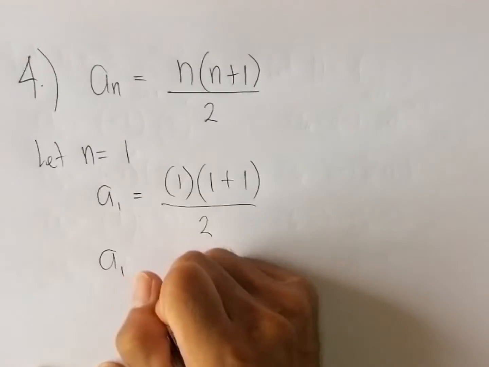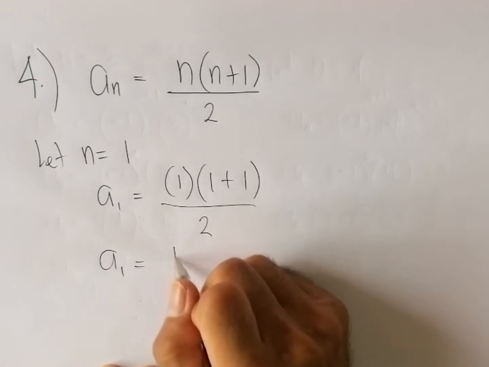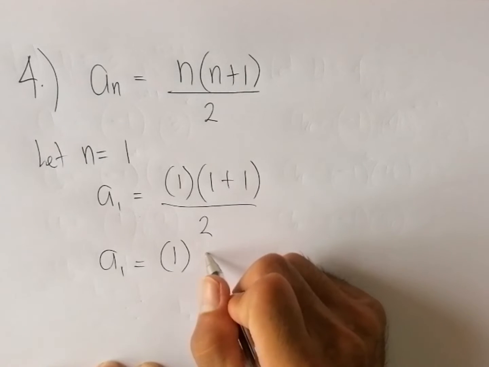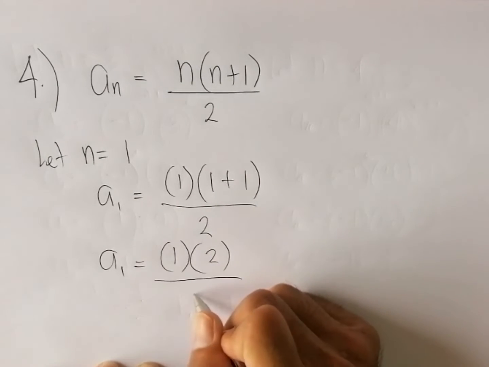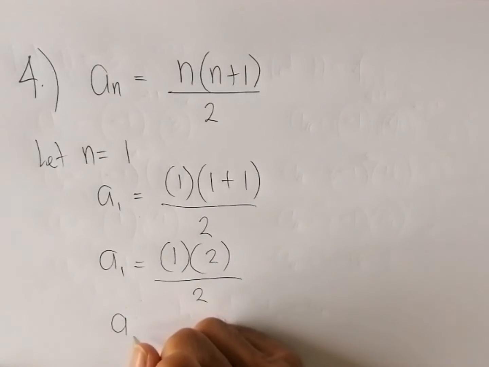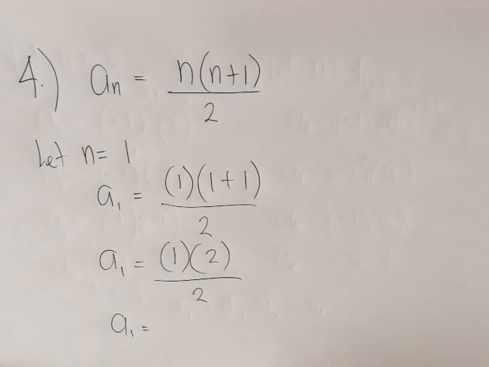So a sub 1 is equal to 1 times 1 plus 1, that is 2, all over 2. Then 2 divided by 2 is equal to 1, times 1, so the answer is 1.